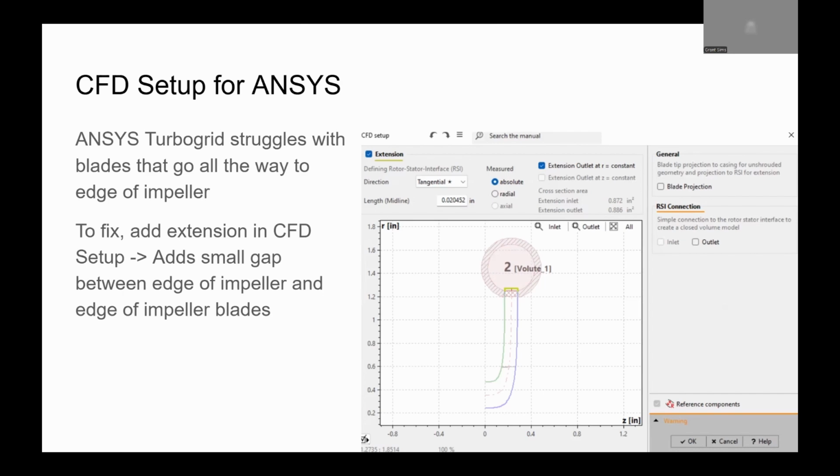What happens is Turbo Grid just won't run, and it's really kind of annoying. So you want to have this extension. What it does is extend your hub and your shroud over your blade so the blade doesn't go all the way to the end. Because of that, you can actually run this in ANSYS.